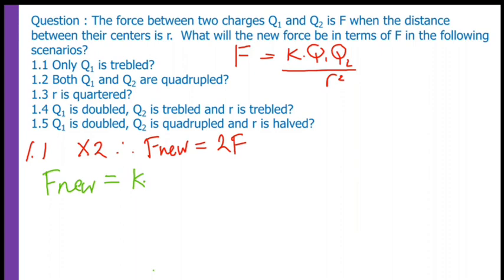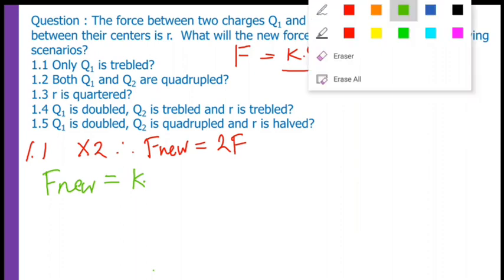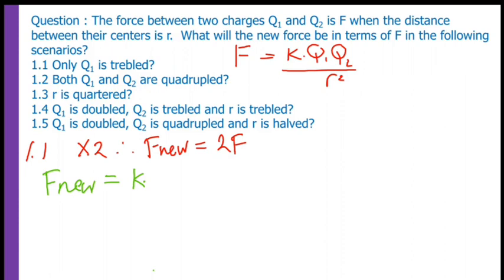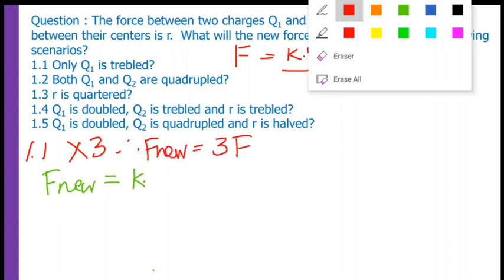I said doubled. Okay, so I have to go back there. For 1.1, I said it's times 2, and the new force becomes times 3. It's actually times 3, guys. Therefore, the new force is going to be 3F because treble means times 3. All right, got that out of the way.